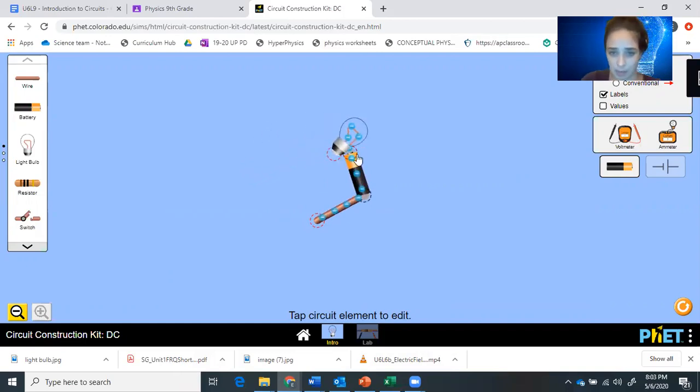So now one side of my battery is connected to one side of the light bulb. And now I have one side of my wire connected to the other side of the light bulb. So here I see the current flowing. So the electrons moving around is my current that's flowing, and the light bulb has turned on. And if I wanted to stop it, then I can just cut it. So that's what your little circuit should look like.